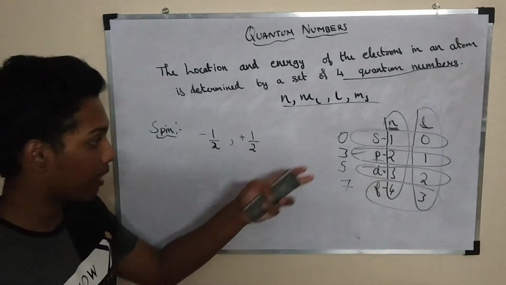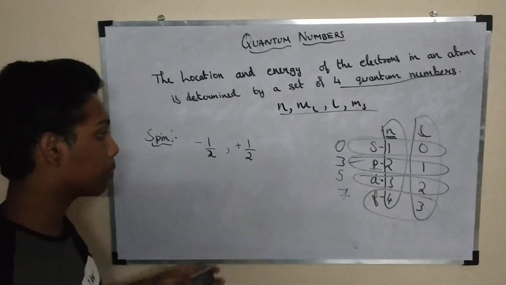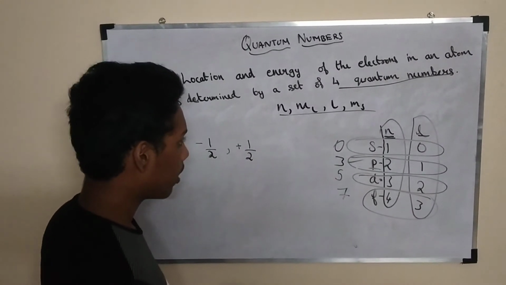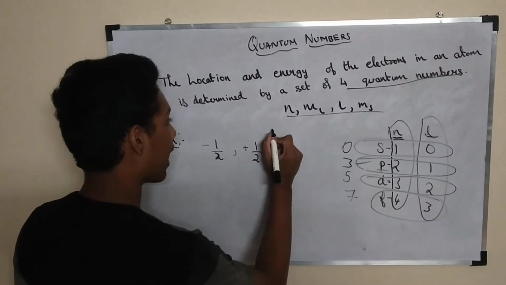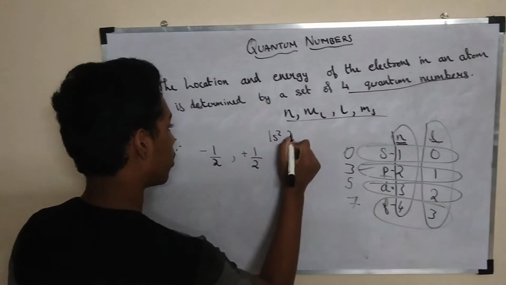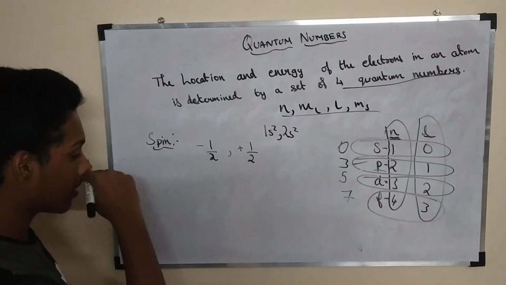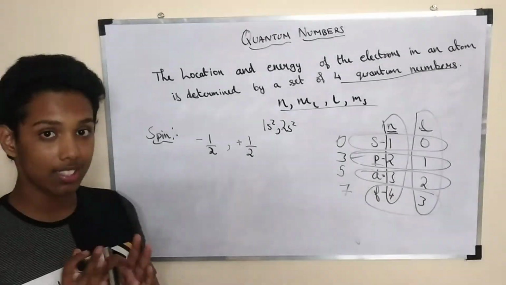Based on the electron and the orbital, for S, P, D, F, they can ask, for example, what is the spin of the last electron of calcium. If you write calcium as 1s2, 2s2, 2p6 and so on, they can ask what is the spin of the last electron.